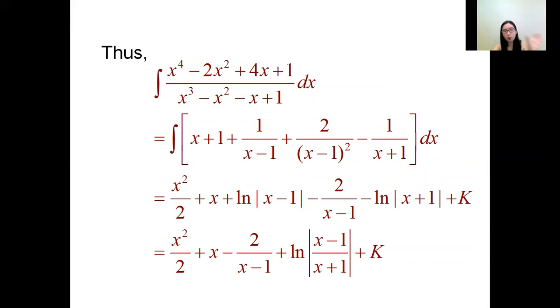So, we obtained the whole value, which is x plus 1, and these three functions are part of the partial fraction: the remainder over the denominator. So we have 1 over x minus 1 plus 2 over quantity x minus 1 squared minus 1 over x plus 1. So, this is the partial fraction decomposition we did earlier.